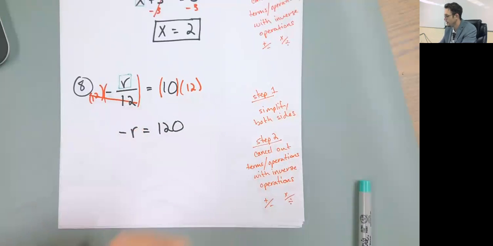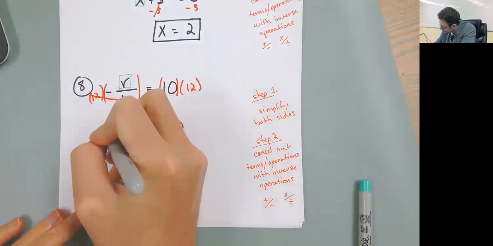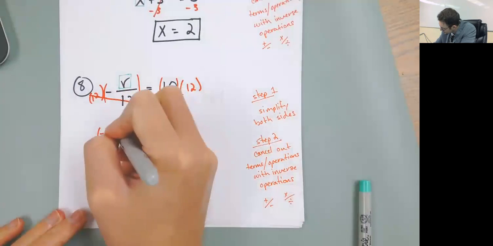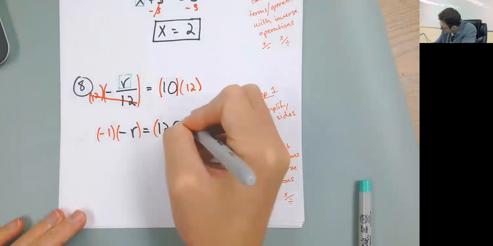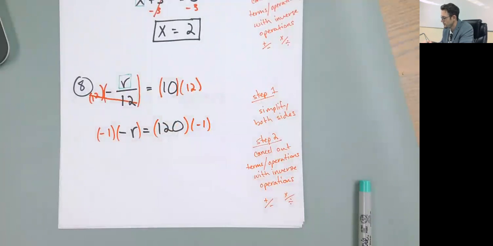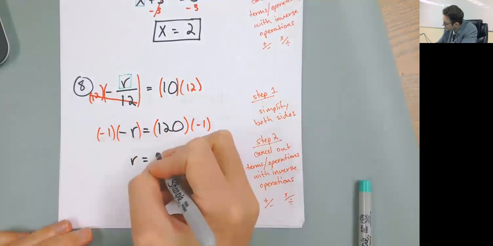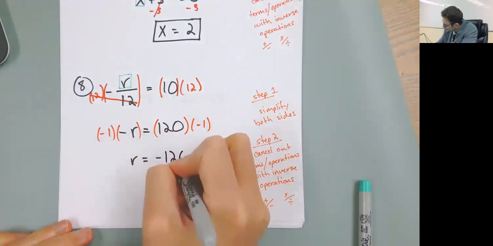However, all we have to do now, and I showed this in the last video, is multiply both sides by negative 1. You multiply both sides by negative 1 to switch the signs, and you get r equals negative 120.